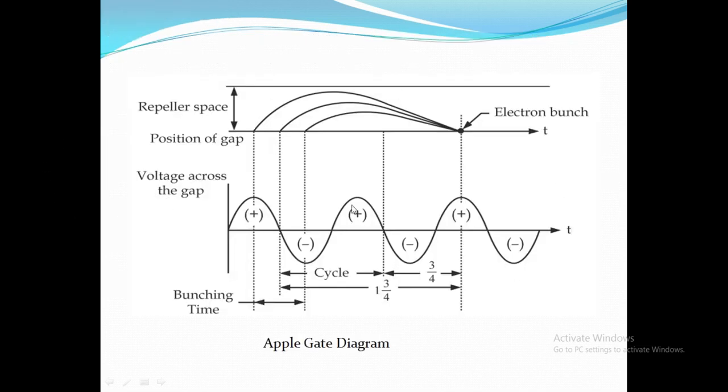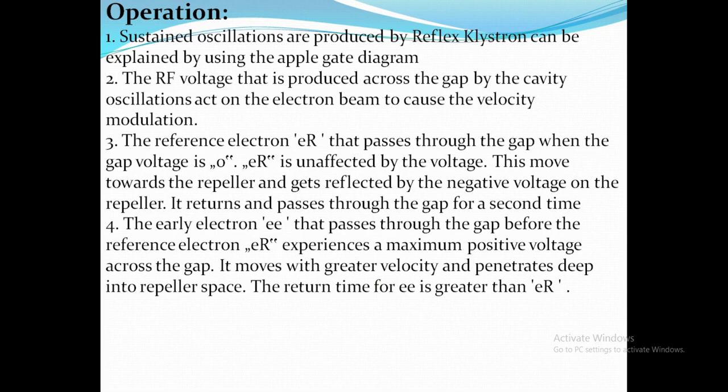Here we consider a reference electron, ER, that passes through the gap when the gap voltage is 0.